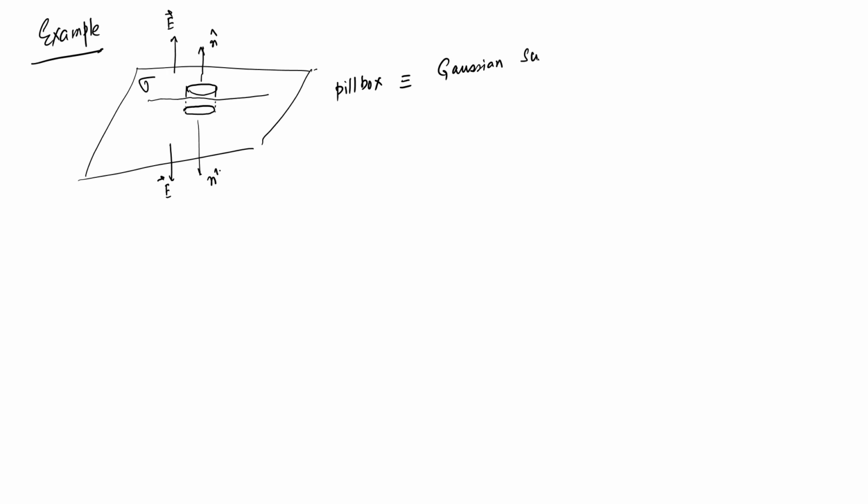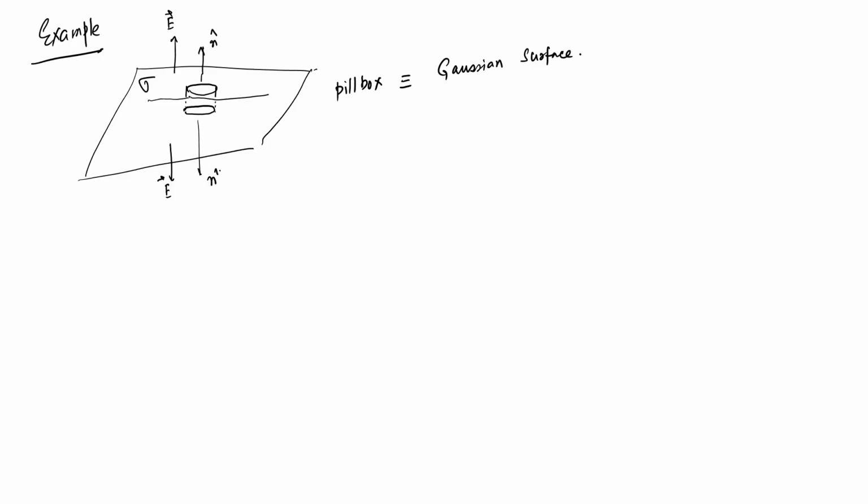The whole point about this surface is that it is a closed surface such that we can apply Gauss's law, and because it is a uniform charge density, the surface contains that sigma, the charge density. So, the charge that is enclosed contains that same charge density.